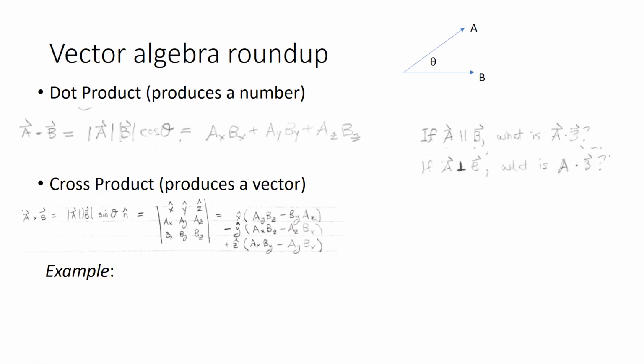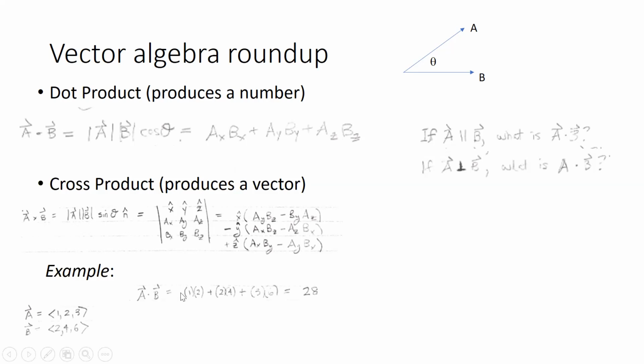And here's an example of both. So let's just take two vectors here. Vector A is the vector 1, 2, 3. Vector B is the vector 2, 4, 6. To take the dot product, the easiest way to do it depends on what information you're given, but here we're given the components.